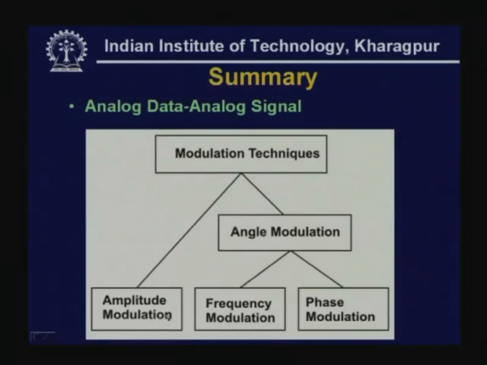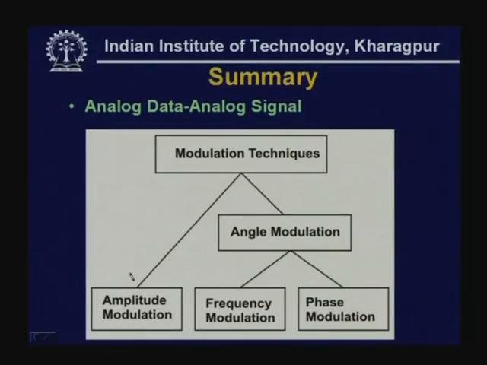However, the power required for transmission of the amplitude modulated signal is higher, and that is why the frequency modulated signal and phase modulated signal, which are combined and known as angle modulation, require lesser power, however at the expense of higher bandwidth. So, FM gives you very high quality signal because it is not affected by noise.